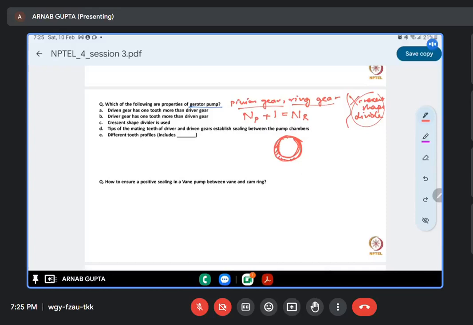So what happens, let me just show. If the pinion gear has say 5 teeth, the ring gear will have 6.